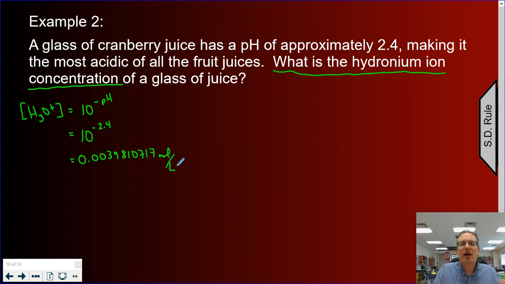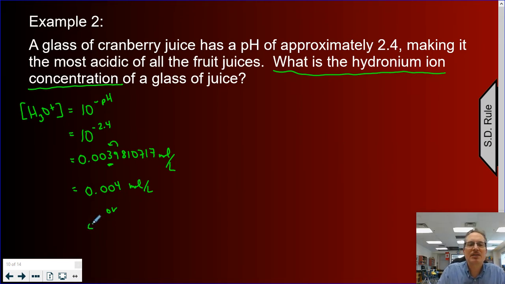I want to remind you that this value up here is a pH, and it only has 1 decimal place. Therefore, when we come down to concentration, we are only allowed 1 total significant digit. So I can either record this as 0.004 moles per liter, or it seems like when we do concentrations of hydronium and hydroxide and acids and bases, we use scientific notation a lot.